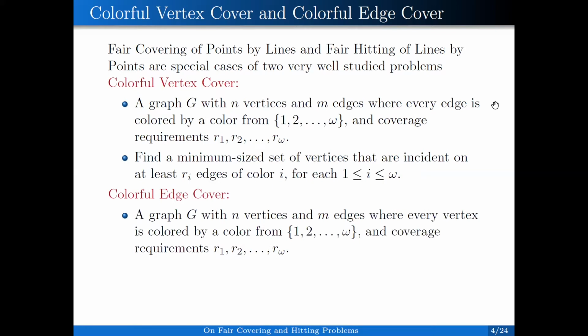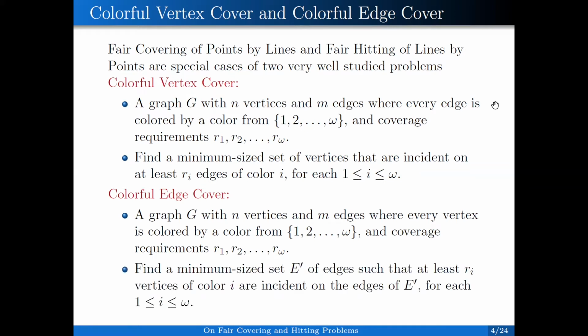And in case of colorful edge cover, the vertices are colored by some color between 1 to omega, and the coverage requirements are R1 to R omega for each color. And the goal is to find a minimum sized subset of edges such that for each color i, at least Ri vertices are covered.